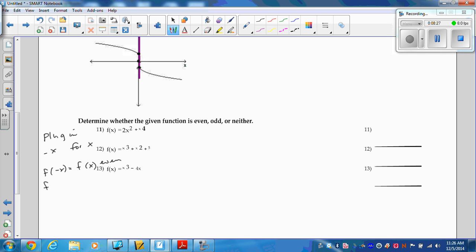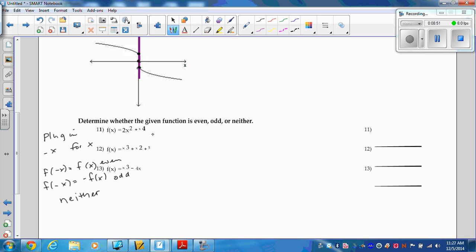If you get f at negative x is equal to exactly the opposite of the function, it is odd. And if you get neither, then it is neither. So it has to be exactly the same or exactly the opposite. And if one term is not one of those, then it would be neither.